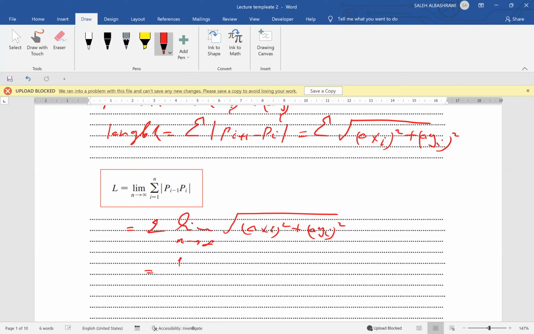I will divide by delta x square, and I will have 1 plus delta y over delta x all squared.